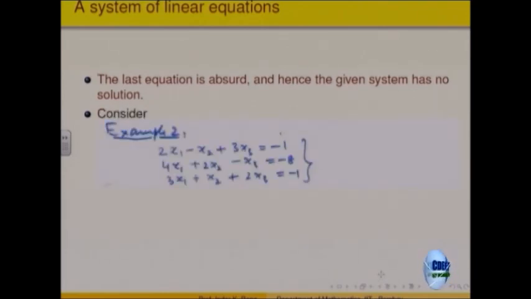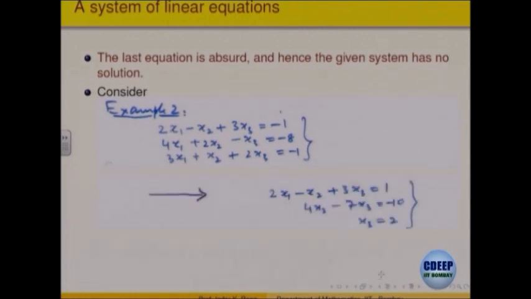This is a system with 3 equations, 2x1 minus x2 plus 3x3, and we try to do the same, try to eliminate the variables. I have not written down the operations, that is simple, because with 3 variables in 3 equations one can do that. That leads to a new system which has all 3 variables present in the first equation.